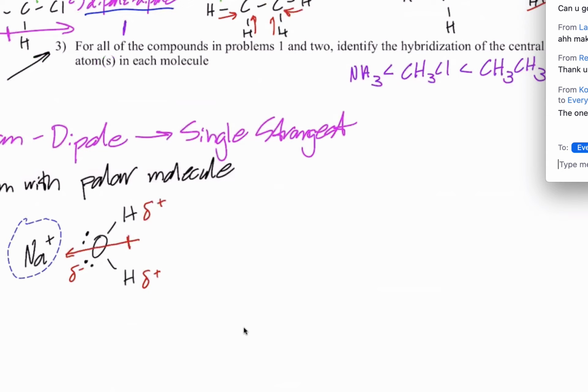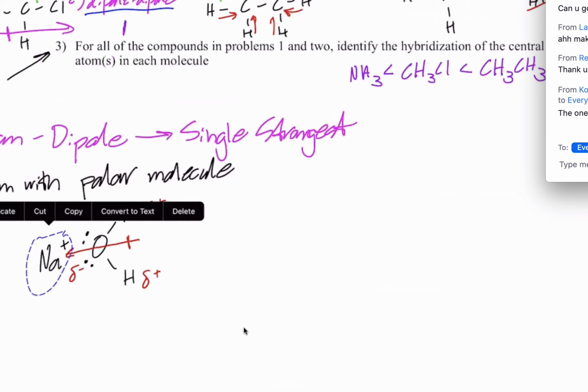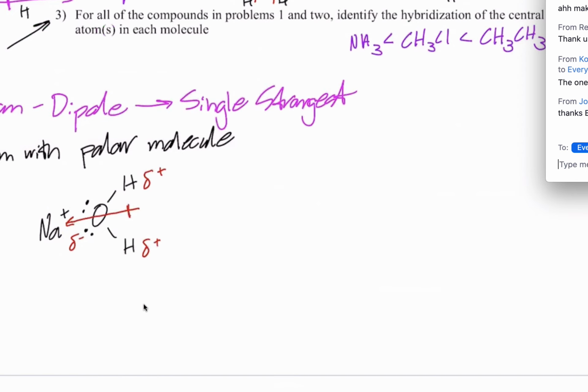And because there's a partial negative on that oxygen, that Na+ is going to be very attracted to the partial negative region of oxygen because opposite charges are going to attract each other. So the cation is going to be attracted to the partial negative region. So what you need to know is generally, cations will be attracted to the partial negative of the polar molecule.